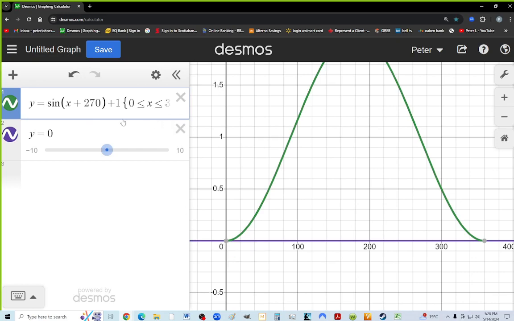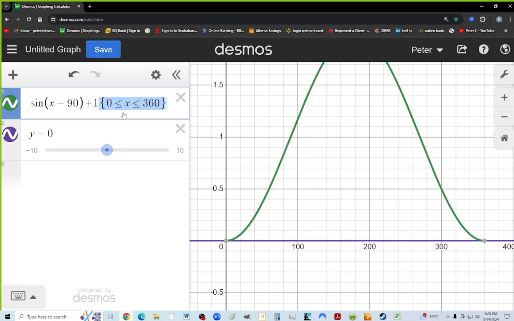Now, 270 seems like a lot. How far away from 360 is 270? It's 90. What happens if I phase shift 90 to the right instead? Let's have a look. Oh, it's there as well. Why is that? Because over here I put the period restricted.